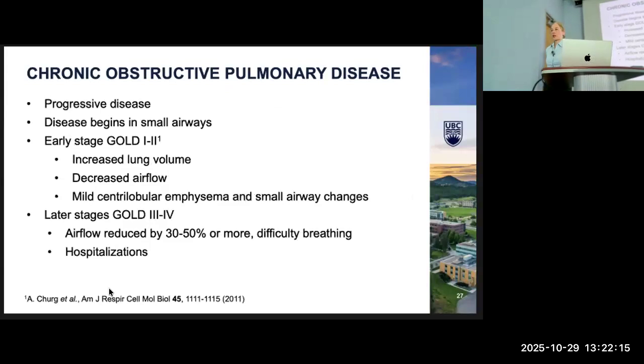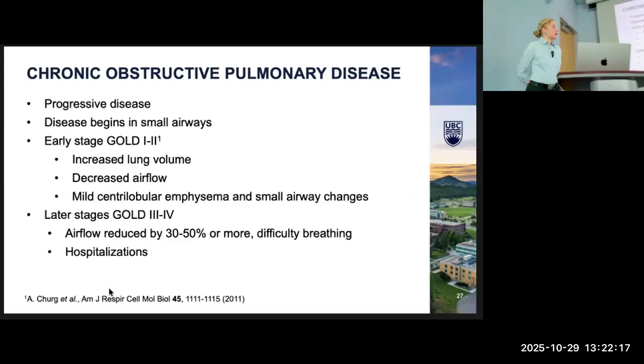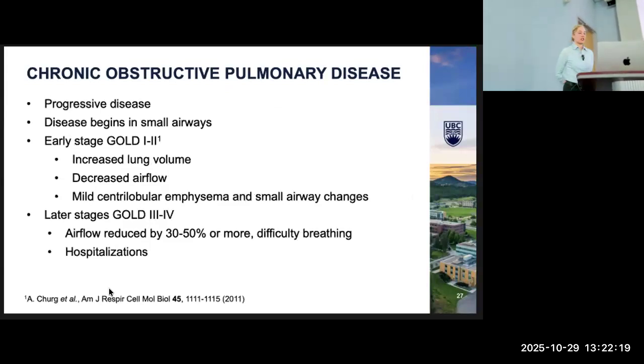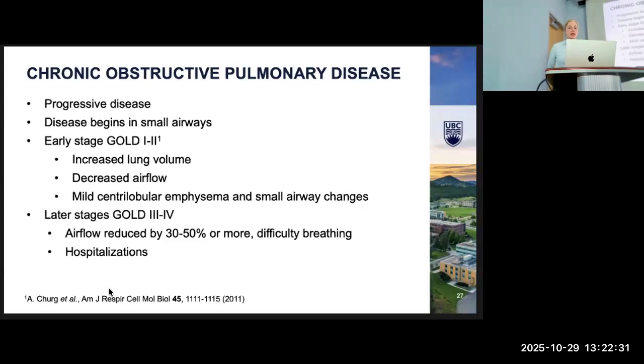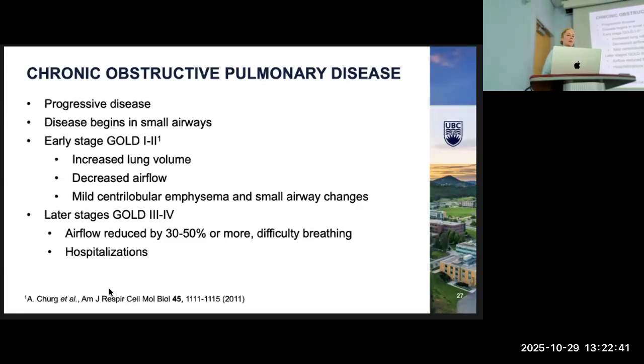It begins in the small airways, and then over time, the tissue begins to degrade and the lung function begins to decline. It is staged. So the early stages are known as GOLD 1 and 2. This is marked by increased lung volume, decreased airflow, small airway changes, and emphysema, kind of a mild emphysema.